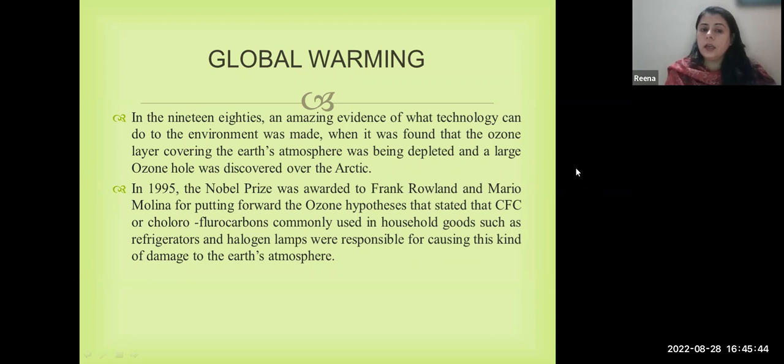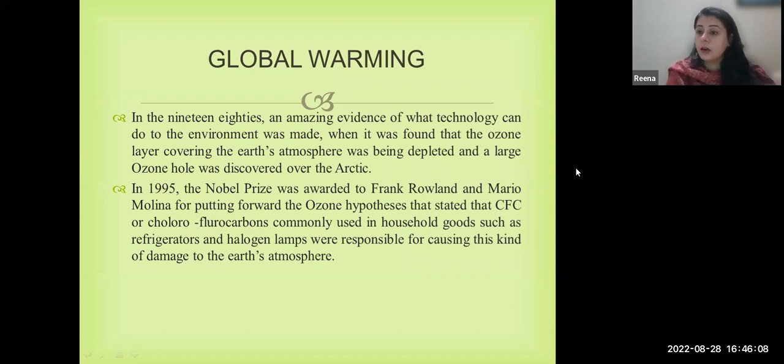And then in 1995, the Nobel Prize was awarded to Frank Rowland and Mario Molina for putting forward the ozone hypothesis that stated that chlorofluorocarbons, commonly used in refrigerators and halogen lamps, are responsible for causing this kind of damage. And when it was identified, there was a major ban on the utilization of CFCs in household items.